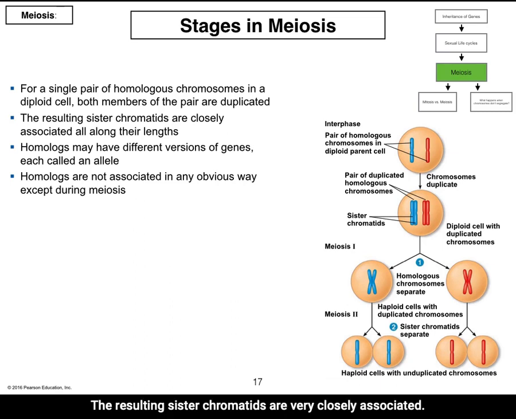The resulting sister chromatids are very closely associated. The homologs may have different versions of each gene. A gene version is known as an allele. So in interphase, in meiosis, a pair of homologous chromosomes is duplicated.